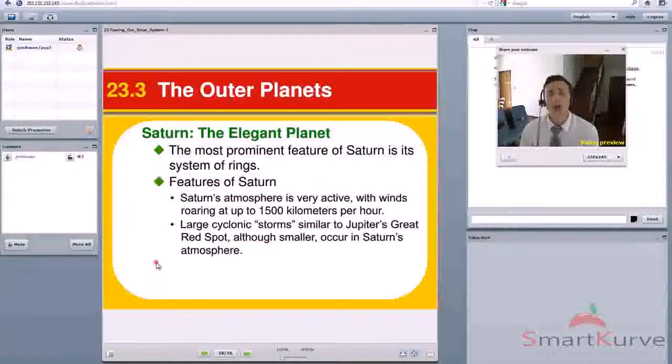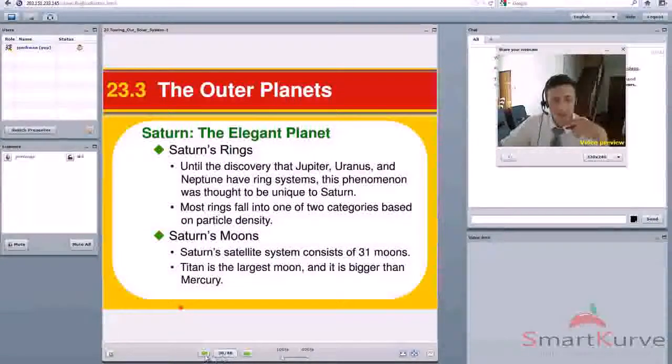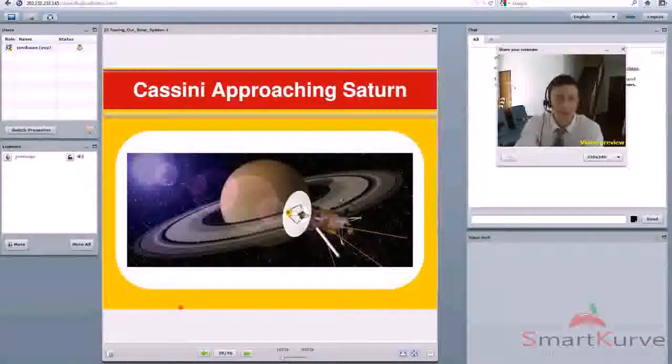Titan is the largest moon, and it is bigger than Mercury. Another interesting thing about Titan, it is the only moon in the solar system that has an atmosphere. So Titan is more like a little planet moving around another planet because it's larger than Pluto, it's larger than Mercury, and it's large enough to have an atmosphere.